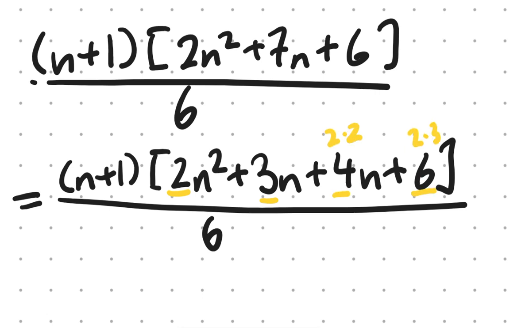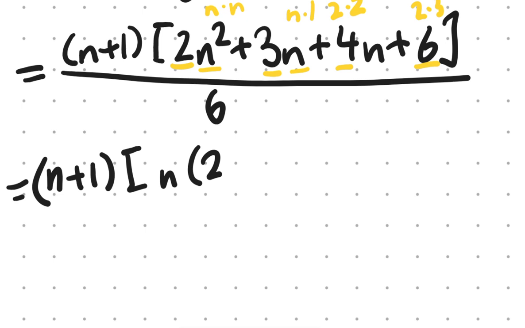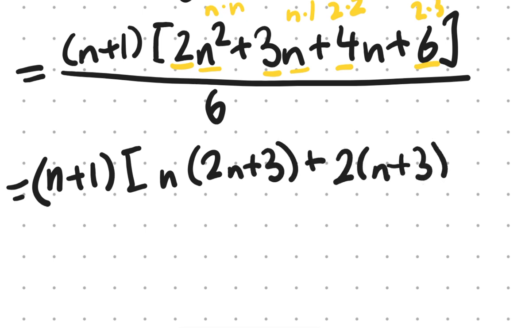So if we plug in the 2 outside, then we have 2 times (2n plus 3). And since we have an n too much over here, we can plug in an n outside and would have something that is similar to this. We would have (n plus 1) times [n times (2n plus 3) plus 2 times (n plus 3)].